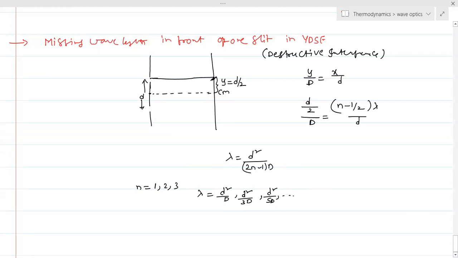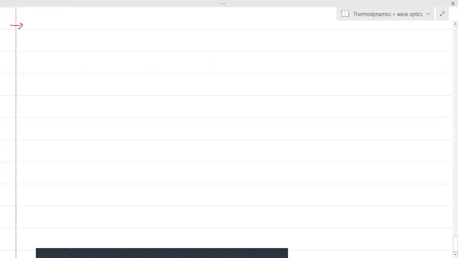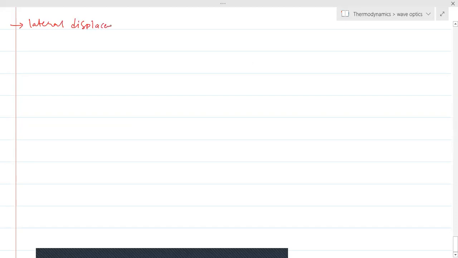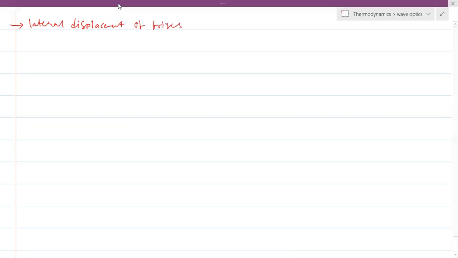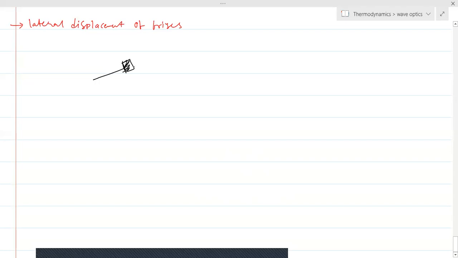After this, we think of lateral displacement of fringes. Suppose in one of the paths a thin mica sheet like material is introduced, then the entire fringe pattern is shifted by some n fringes.